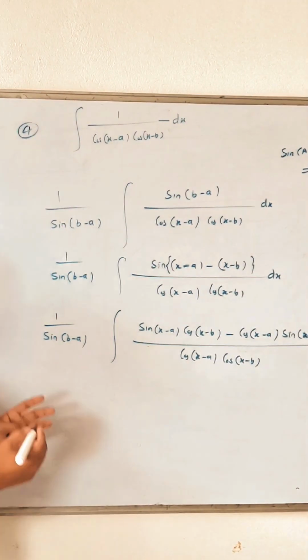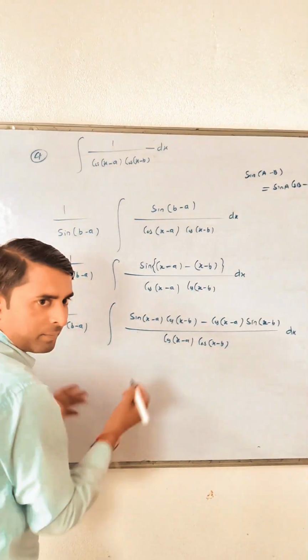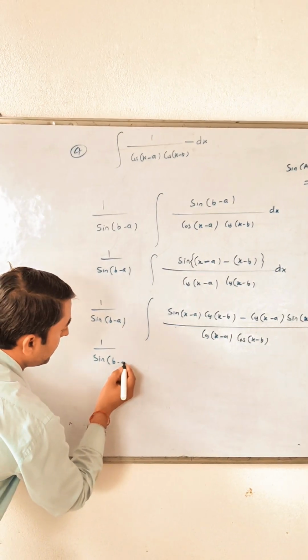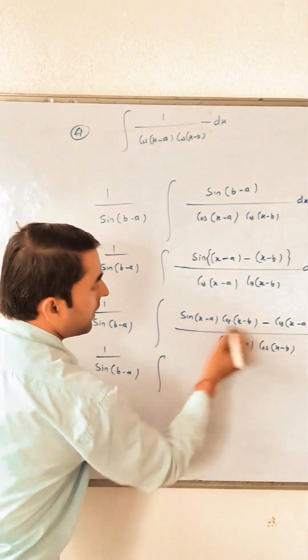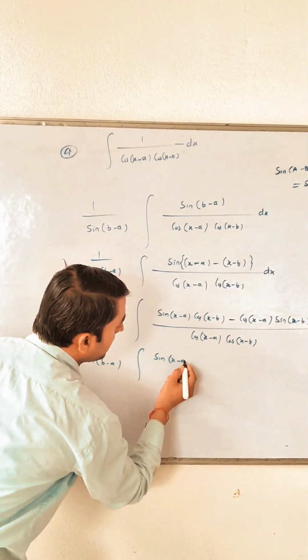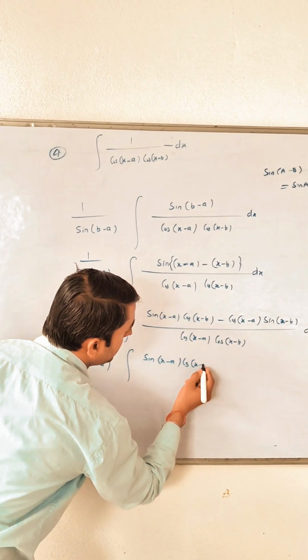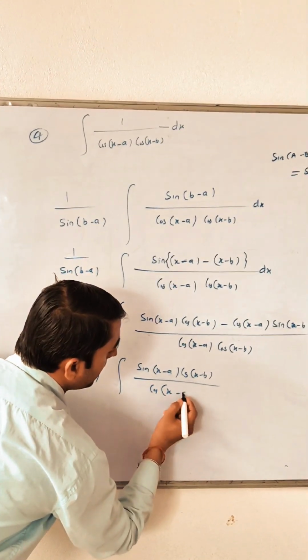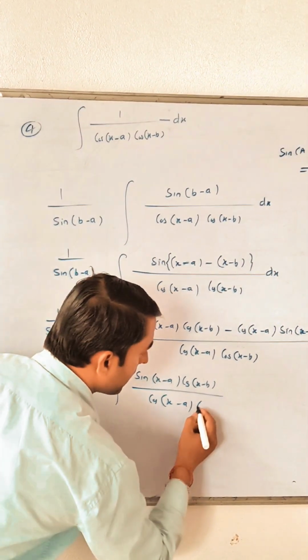This is the formula of sin(a minus b), with cos(x minus a) in one bracket and cos(x minus b) in the next bracket, and dx. Now here we have to separate. Then you see all students, here sin(b minus a), and you have to separate this.